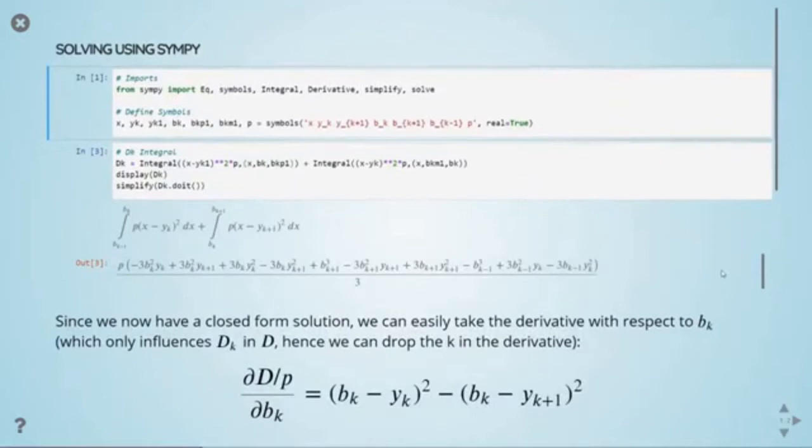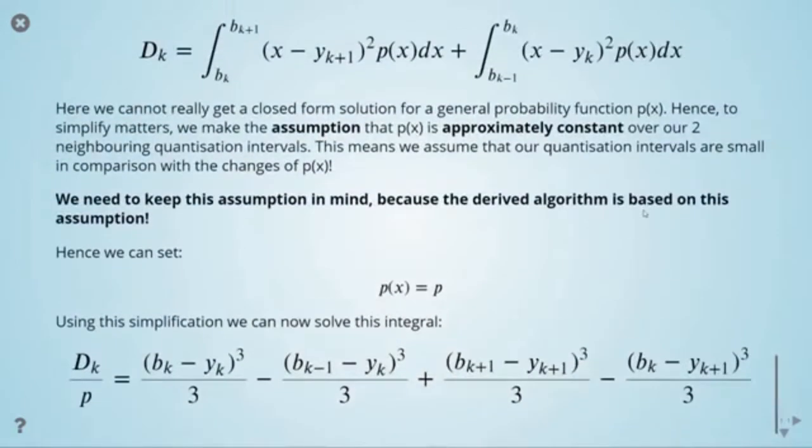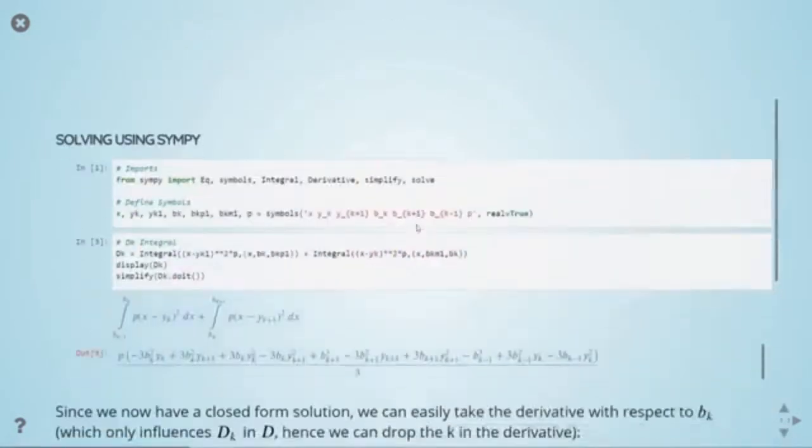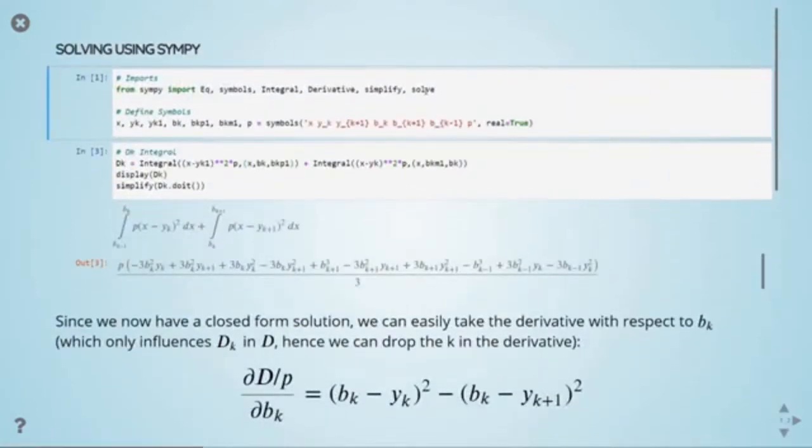So what we'll do is solve this using SymPy. We just go from here to here using SymPy. I'm importing from SymPy equation, symbols, integral, derivative, simplify, solve. I'm defining the symbols x, y of k, y of k plus 1, p of k here.